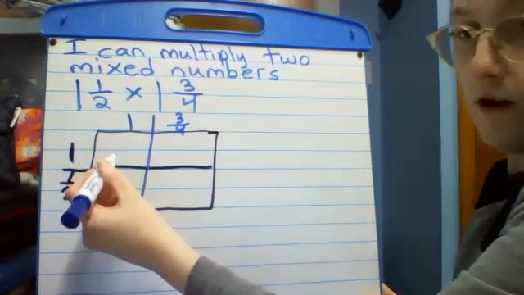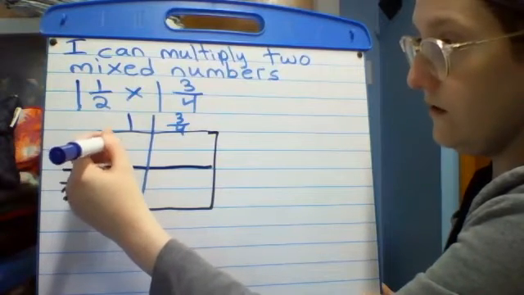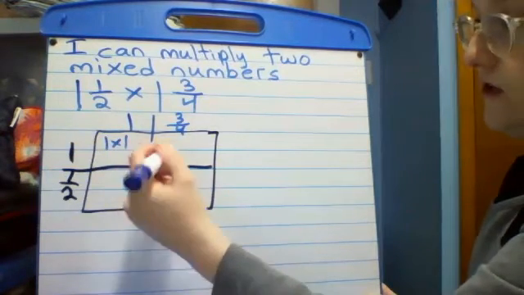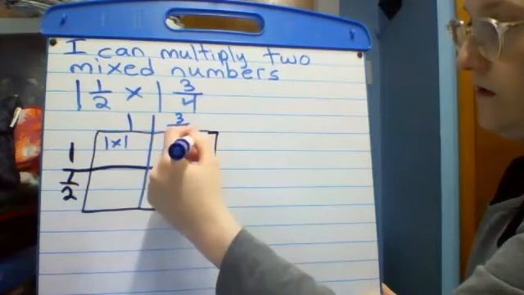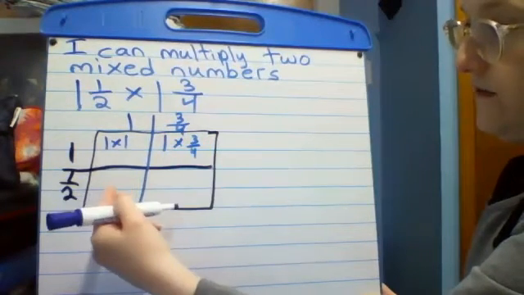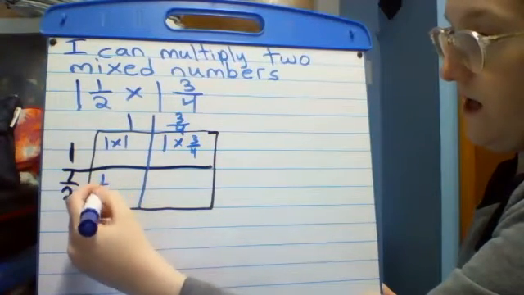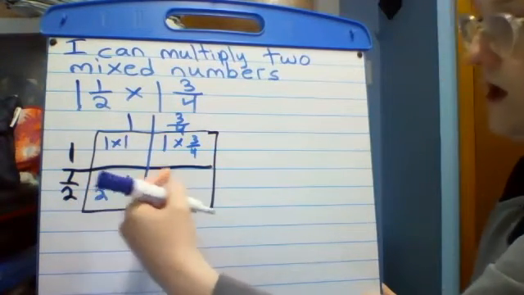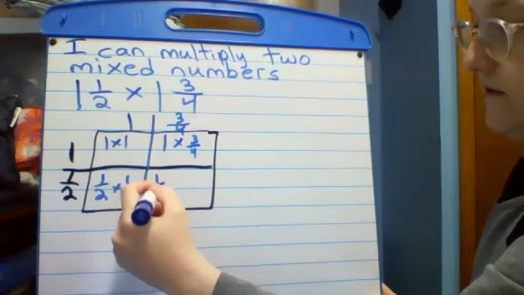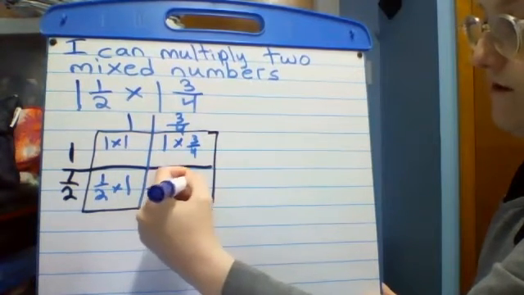So this section is 1 times 1. This section here is 1 times 3/4. This section here is 1/2 times 1. And this section here is 1/2 times 3/4.